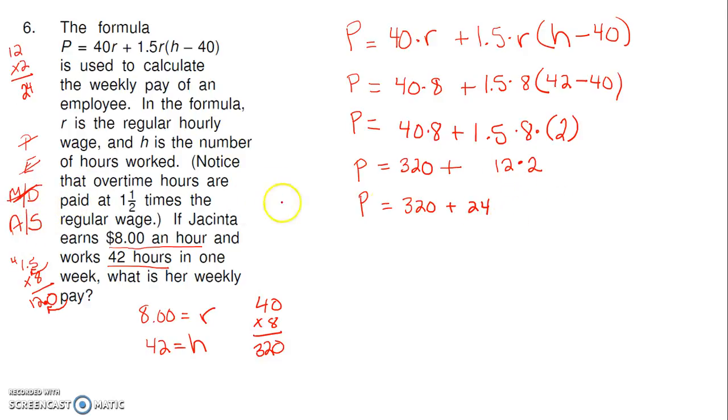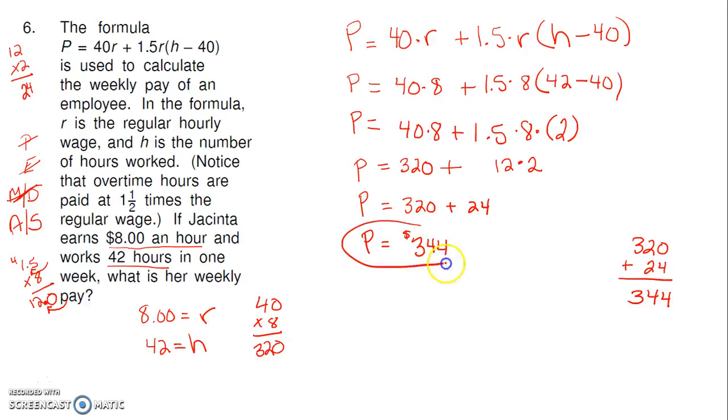Our last step is addition or subtraction, left to right. All we have is addition. 320 plus 24. 0 plus 4 is 4. 2 plus 2 is 4. She must make $344 for working that week.